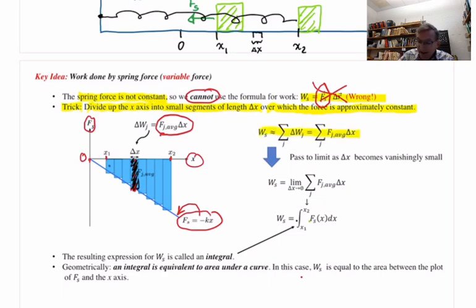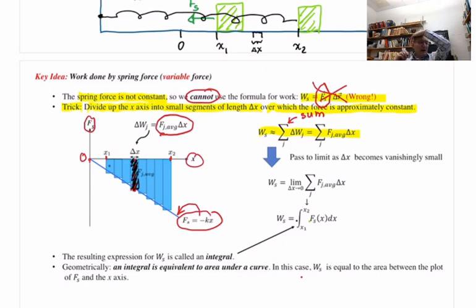I have to add, this notation means sum, S-U-M, sum over all of those rectangles, j, the work for each rectangle, delta W sub j. Or sum over all those rectangles, j, the force for each rectangle, F sub j average, times the width of each rectangle, delta x.